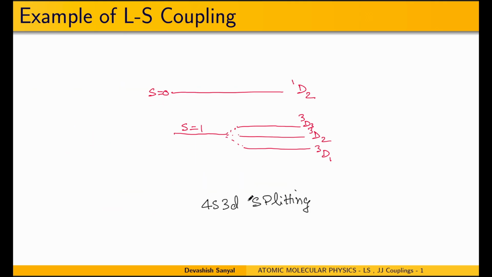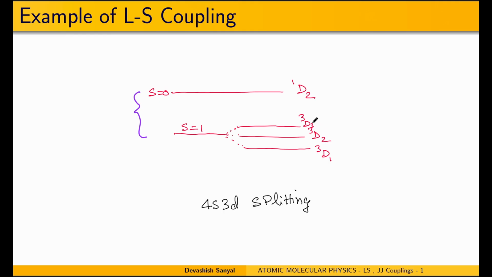If we see the energy levels, the main splitting is because of spin-spin correlation. S equal to 1 and S equal to 0, this is the main splitting, and from Hund's rule we know that the higher the value of S, the lower the energy. So S equal to 1 corresponds to low energy.